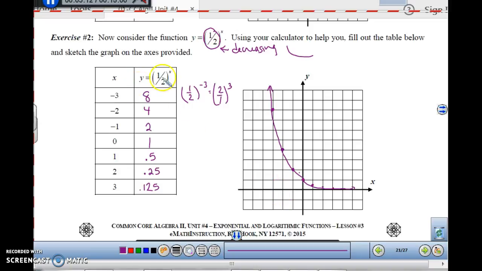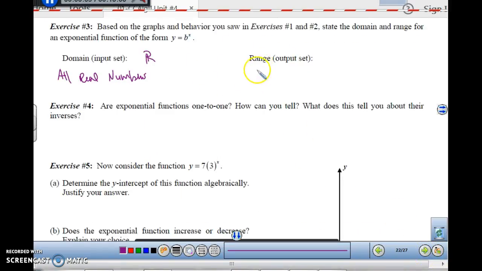Well, if I raise something to a power, can it ever equal 0? No, it can get microscopically close. Notice this is still going to keep getting smaller and smaller, but it'll never actually hit 0. So your range for this output set for both of these is going to be y is greater than 0. So it can only have positive outputs.